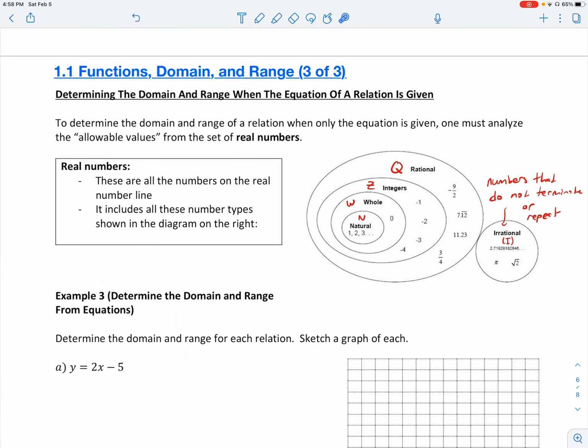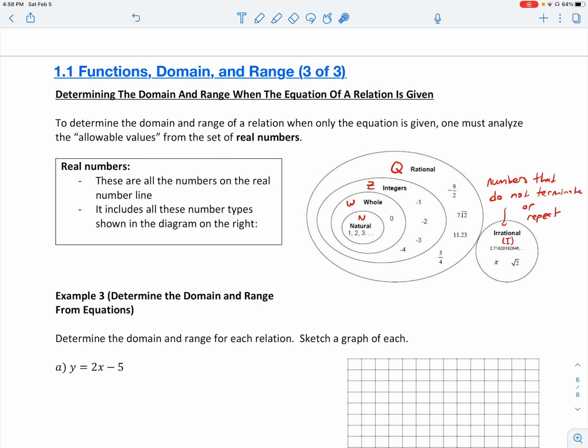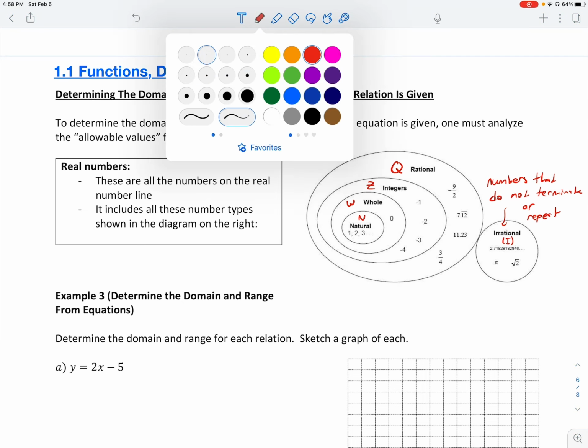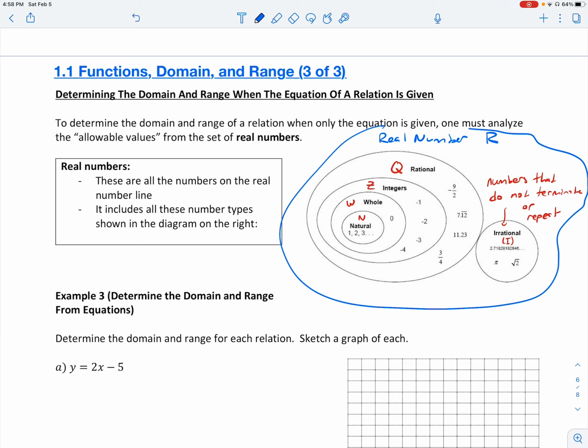All right, so it took a while for us humans to come up with all these different number systems. And there is one group of number systems that actually includes all of these, and you might have guessed it, it is the real numbers. So the real number system is given the symbol R, and it includes all of these, both irrational and rational numbers.